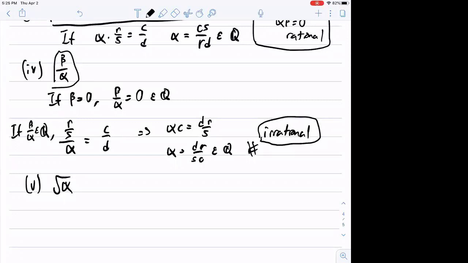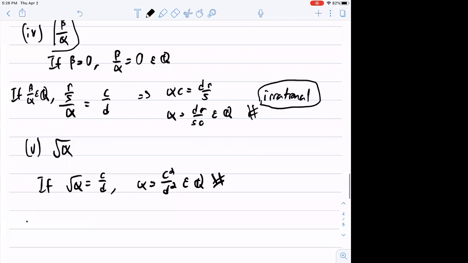Yeah, if you want to show something's irrational, the best way is to assume it's rational and then get a contradiction, right? So if root alpha is C over D, then if I square both sides, alpha is C squared over D squared, right? And that's in Q.